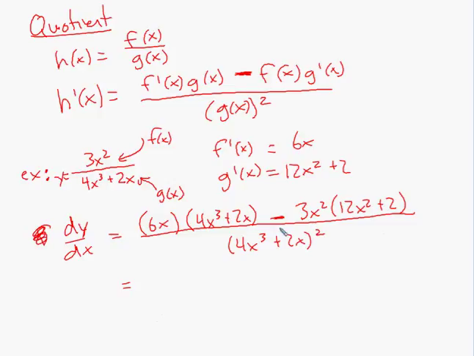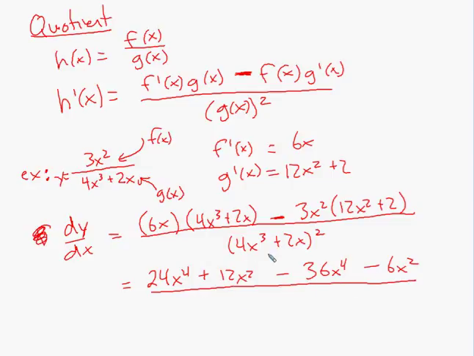We can go ahead and simplify as much as possible. So I have 24x to the 4th plus 12x squared minus 36x to the 4th minus 6x squared, all over, and I'll go ahead and expand this: 16x to the 6th plus, let's see, we'll get an 8x, but we'll have 2 of those, so 8x plus 8x, that's going to be 16x to the 4th, plus 4x squared.